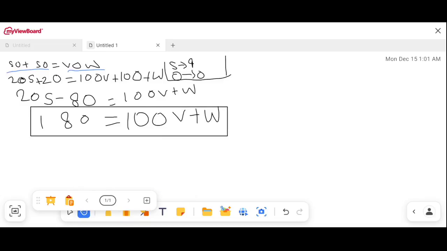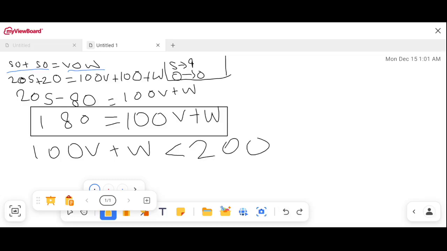So, because 100V, I will write it here only, 100V plus W must be less than 200, right? It must be less than 200, and for it to be less than 200, it will make V equals 1.